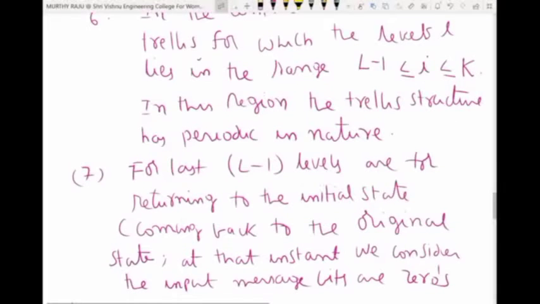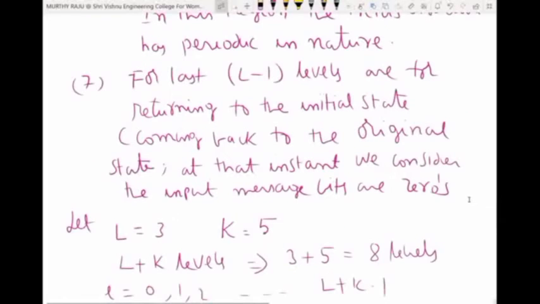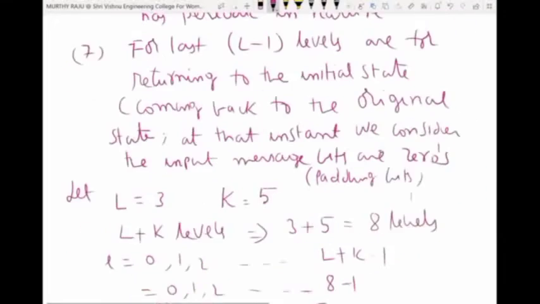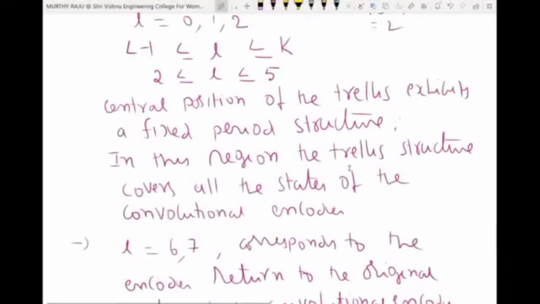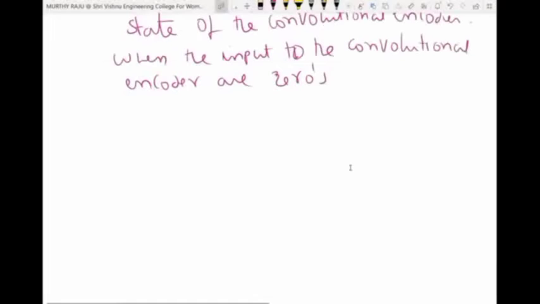At that instant, we consider the input message bits to be zeros. These are the padding bits. Again, the convolutional encoder comes back to the original state. These are some important points related to the trellis structure.